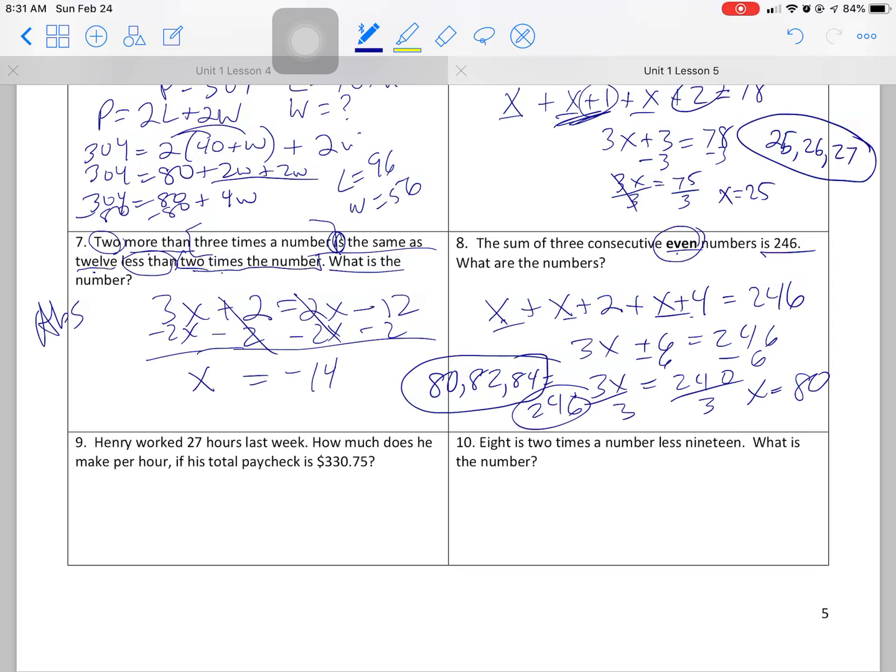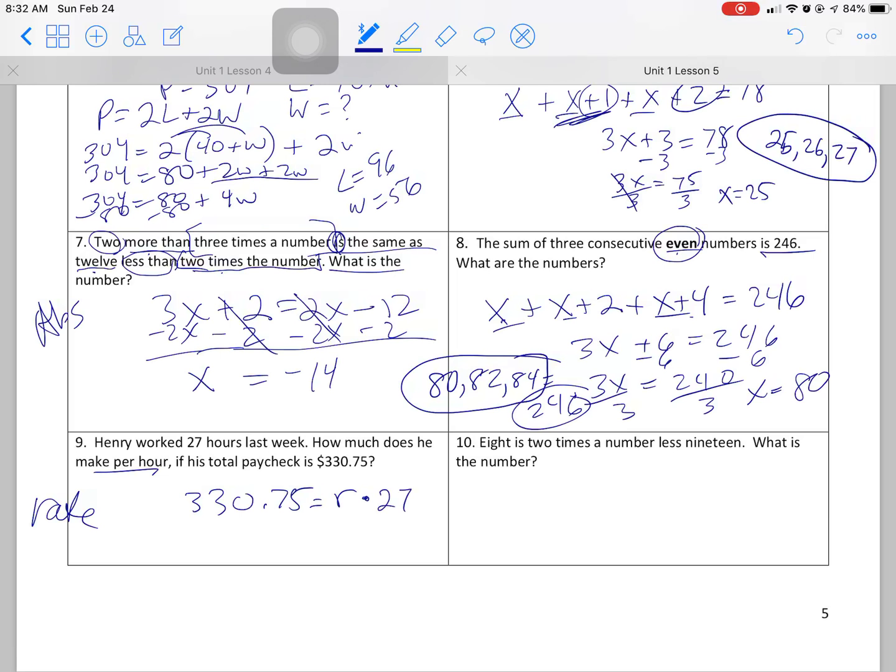All right, Henry worked 27 hours a week. How much does he make per hour? This makes this a rate problem. His total paycheck was $330.75. And how much does he work per hour, times 27 hours.